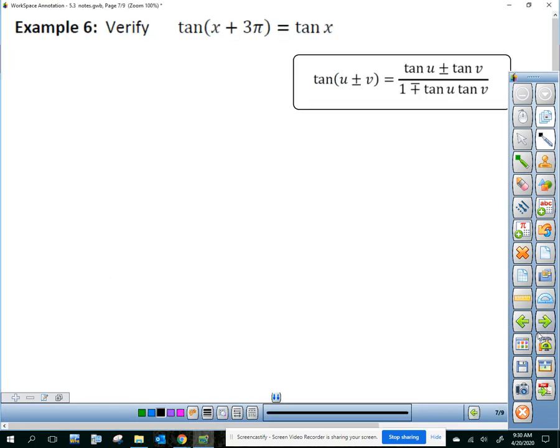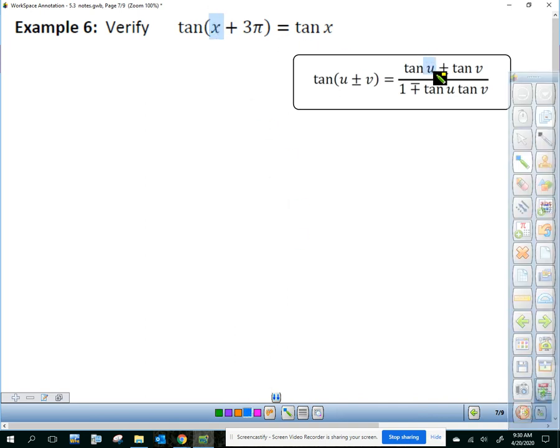All right, and then here in 6, let's try a tangent one. You're not going to see tangent as often, but let's give one a shot so you've seen it before. So this is our u, and our v is 3 pi.